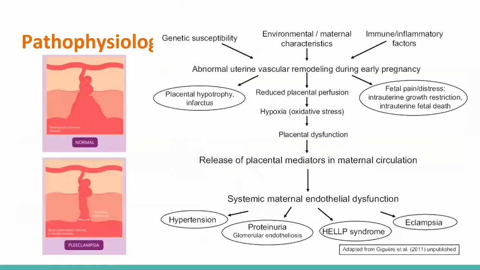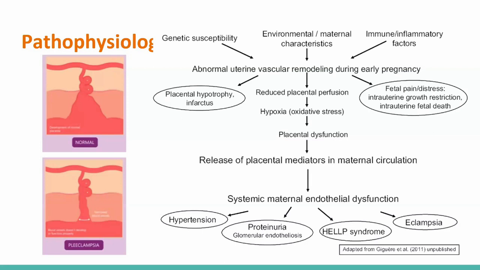Let's just go on to the pathophysiology of pregnancy-induced hypertension specifically. What we do know is that it's still not completely understood. It is a multifactorial thing involving genetic susceptibility, environmental and maternal characteristics, as well as immune inflammatory factors.